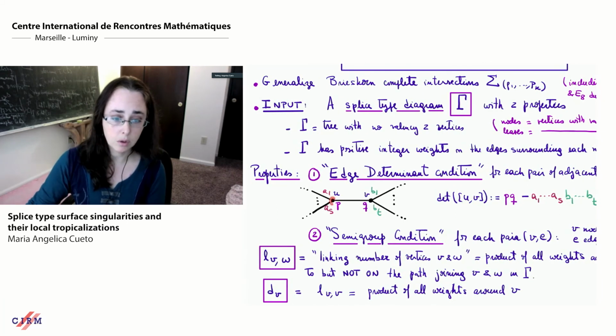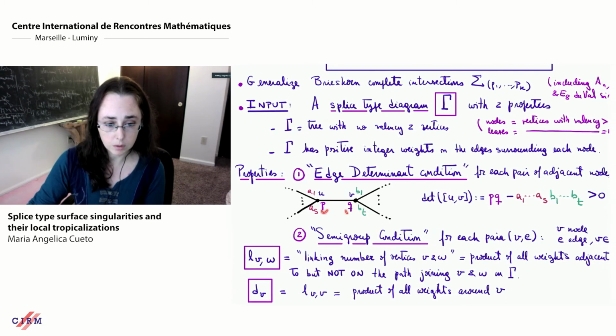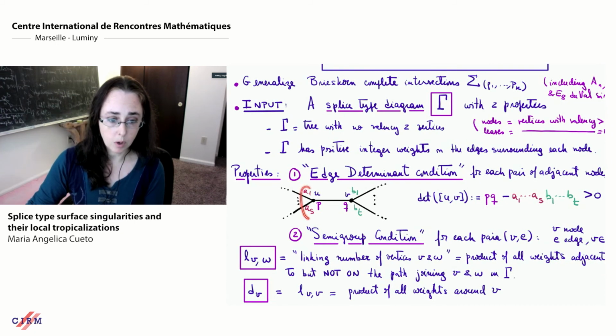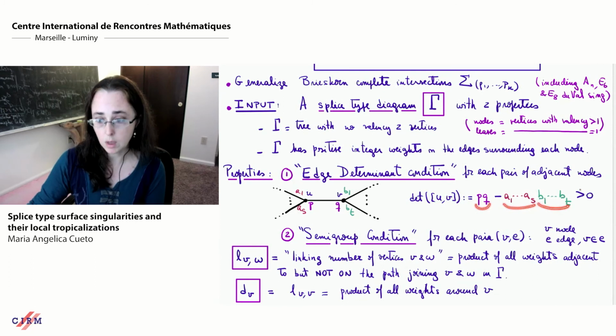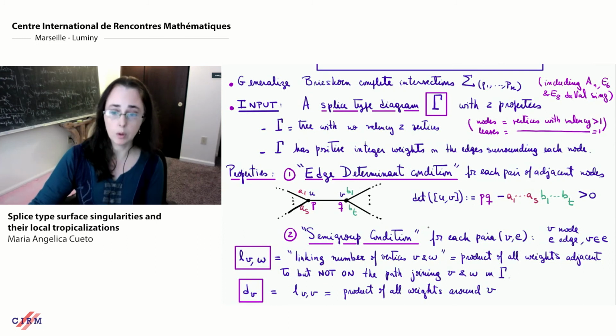If you fix two nodes, U and V, you're going to have weights surrounding U and weights surrounding V. I'm going to call the determinant of the edge joining U and V the product of these two weights, P and Q, from which I subtract the product of all the other weights surrounding U and V, without including P and Q. So I take P times Q minus the product of the A's times the product of the B's. I'm going to require this to be a positive integer. We'll see an example in a minute.